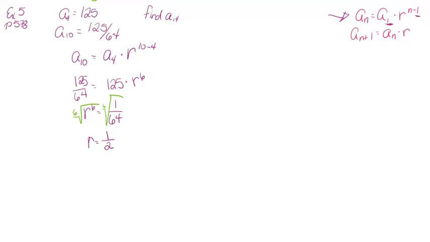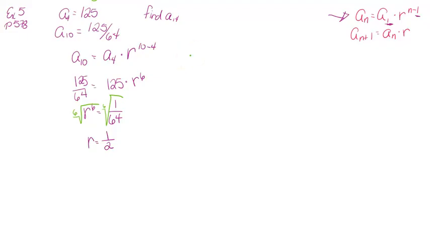So now that I've found my r, I can find my 14th term. Again, using my nth term formula, but I can't use my first number because I don't know what my first term is. So I'm going to have to go back to one of the other terms. I can either use the a sub 4 or I could use the a sub 10. I'm going to do both so that you can see that it works no matter which one you use.